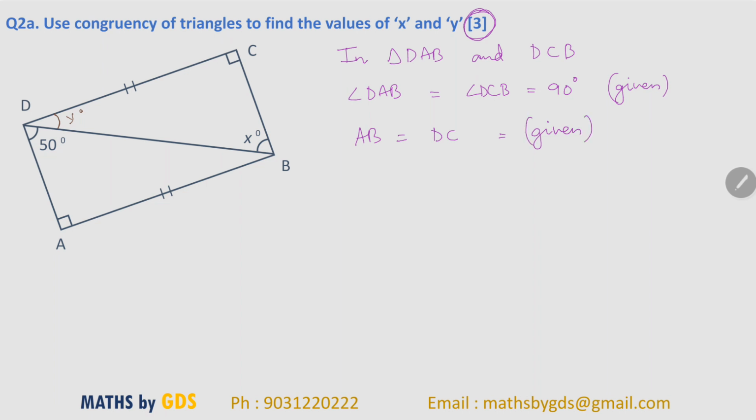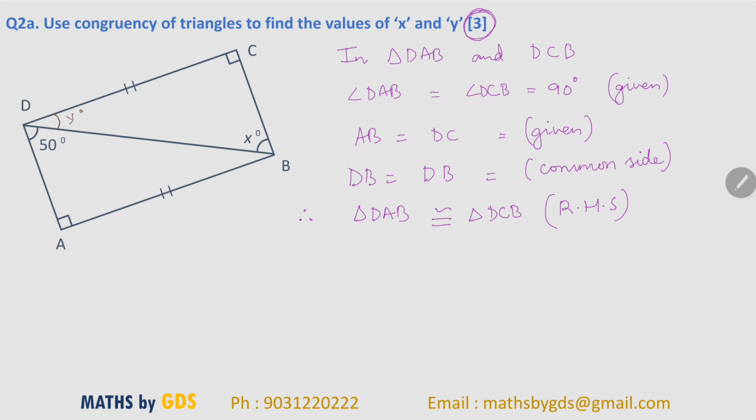This is also given in the question. And the hypotenuse DB is equal to DB, which is the common side. Therefore triangle DAB is congruent to triangle DCB by RHS, right angle hypotenuse side.